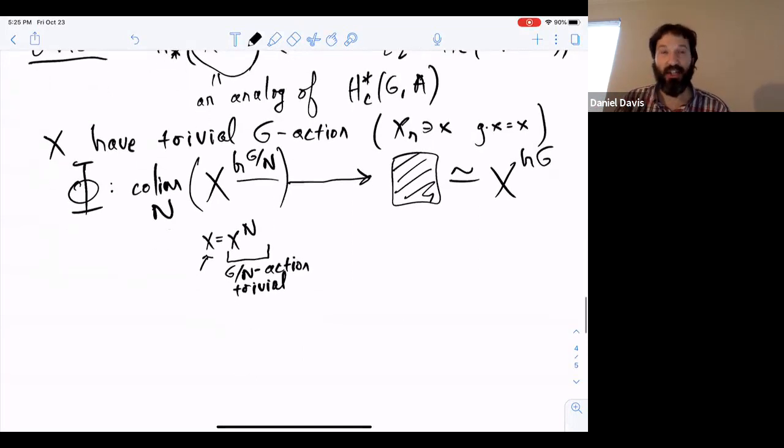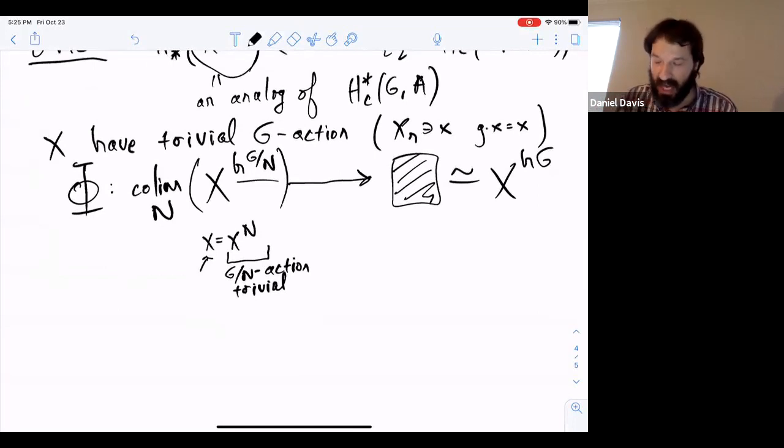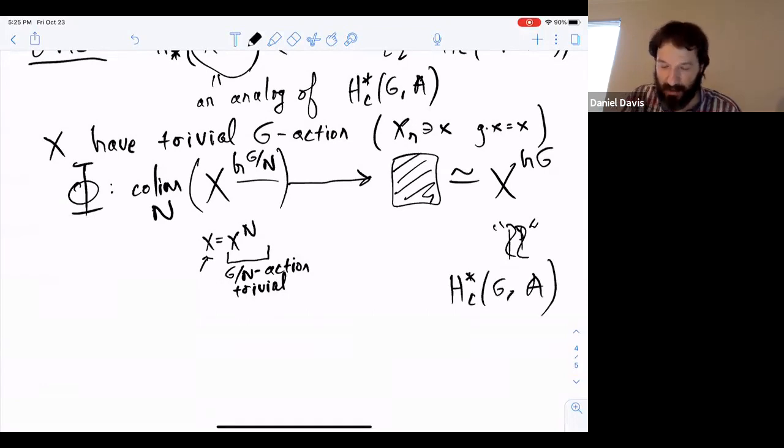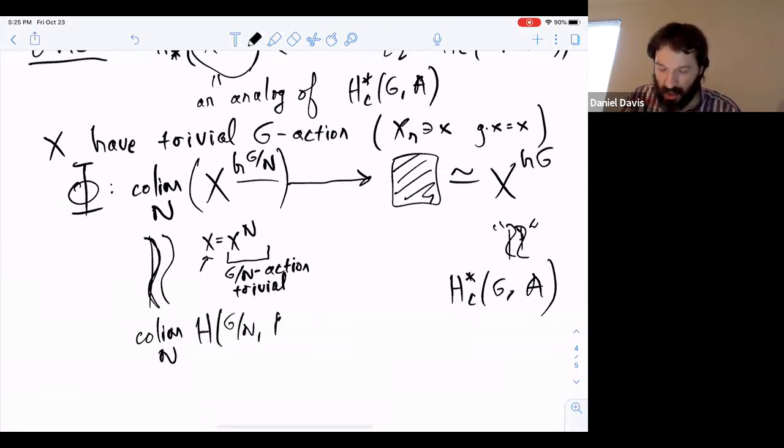So I just want to point out here that we have a map. This is our analog of the continuous cohomology of G with coefficients in A, and then the source of this map is our analog of the cohomology of G mod n with coefficients in our trivial G module A, okay?